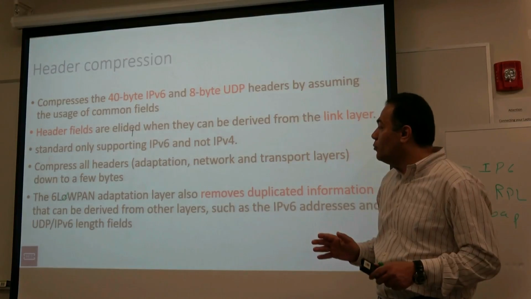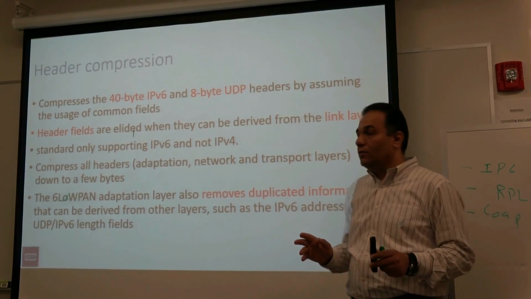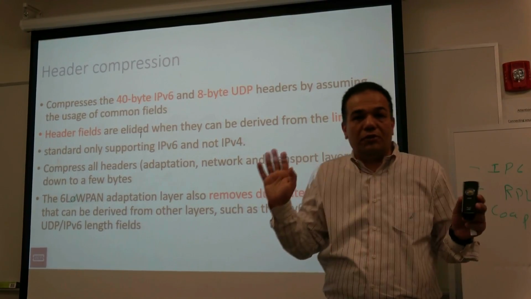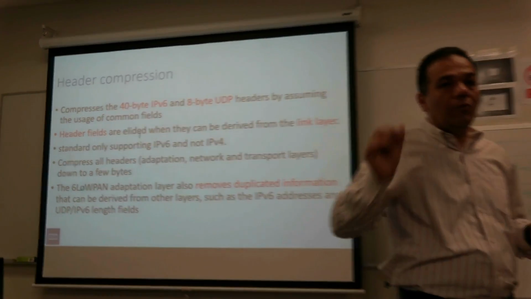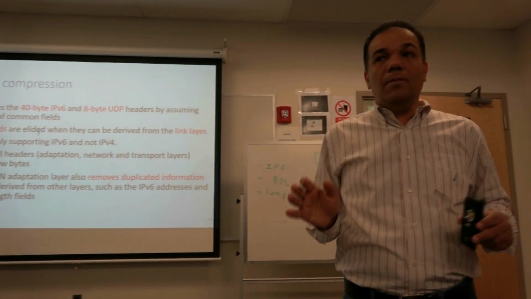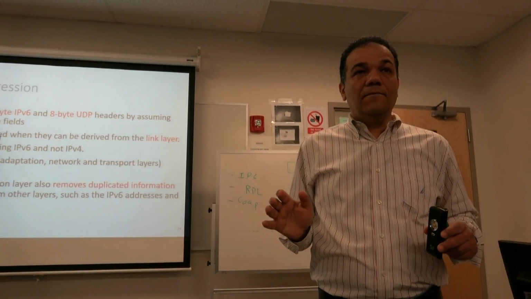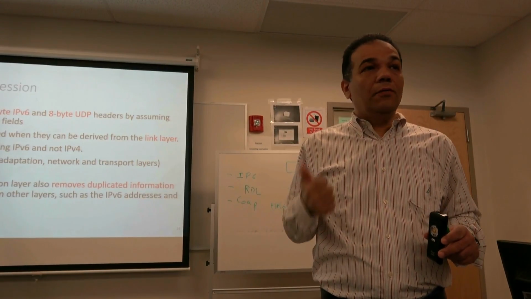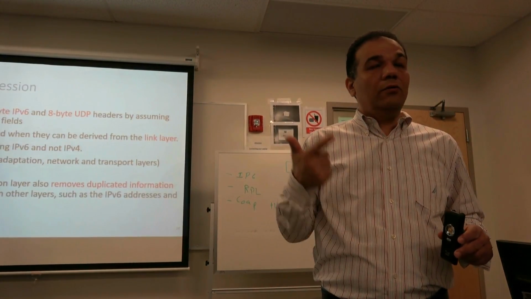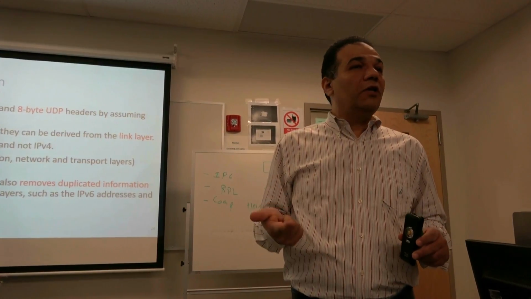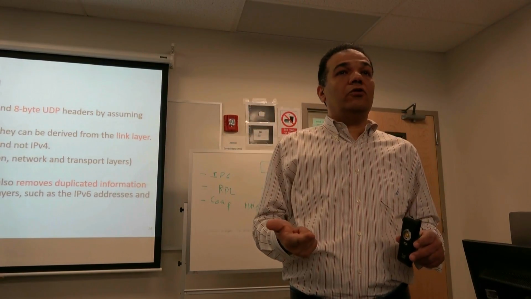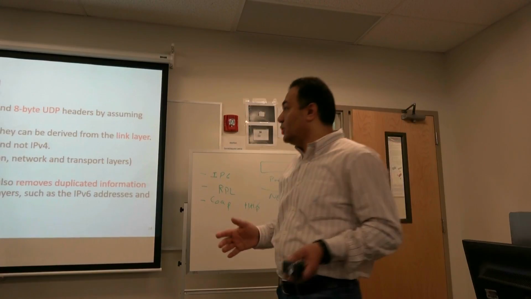All the headers will be compressed down to a few bytes. There is a mechanism to compress it, without losing the information that we need for the packet to be delivered.